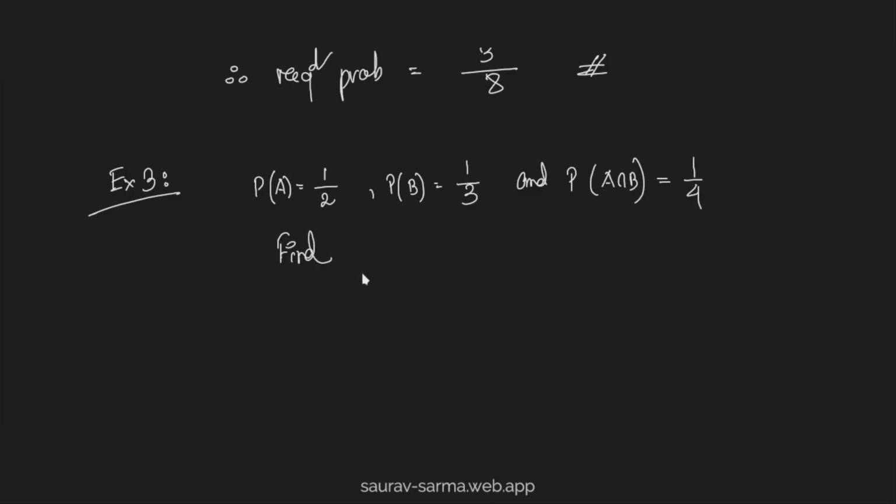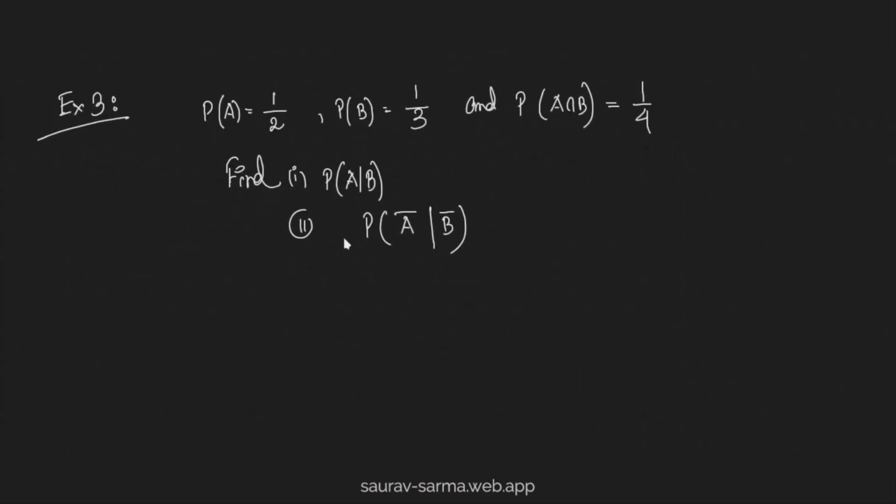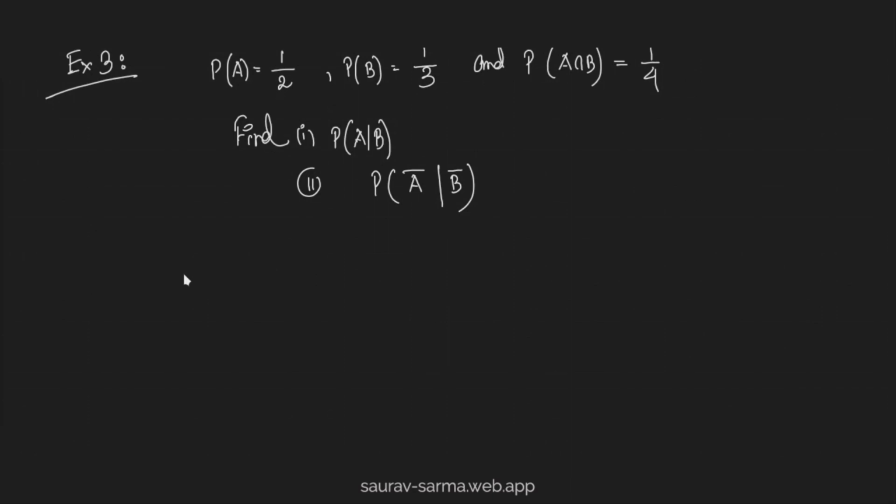You are to find number 1, probability of A given B, and number 2, probability of A bar given B bar. Okay so here solution.